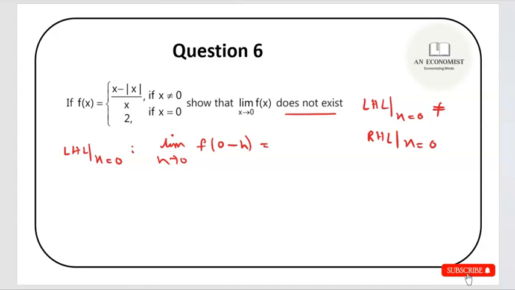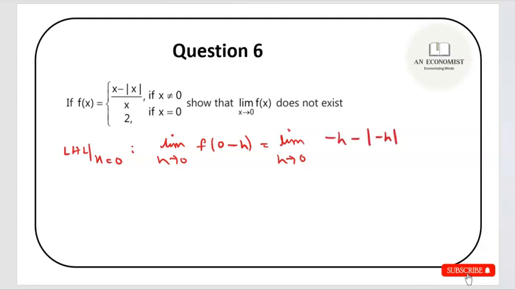So do that. Let me erase this portion. Okay. So here what you have to do, limit h tends to 0 f of minus h. So write minus h minus mod of minus h divided by minus h, right?